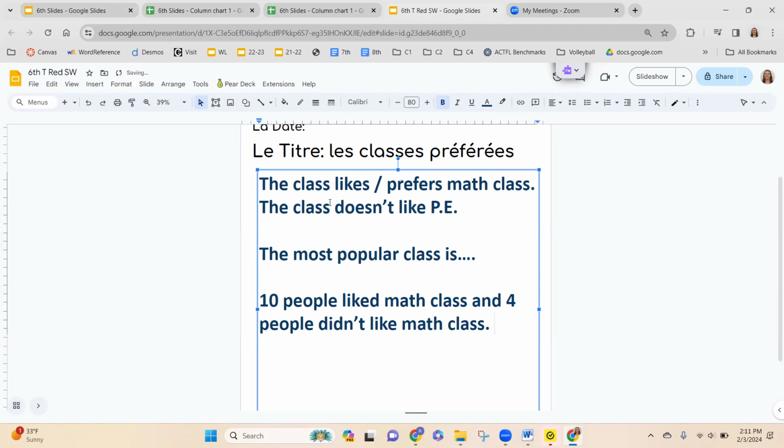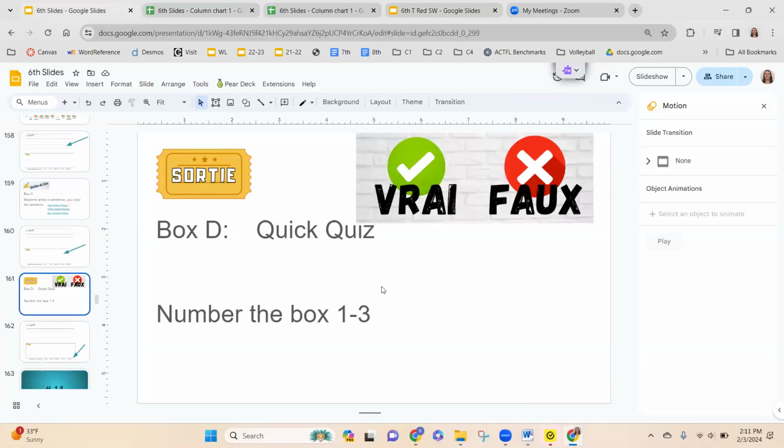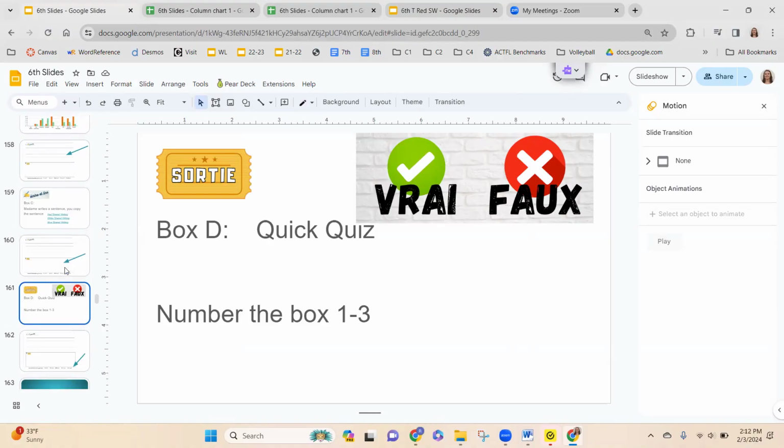Again, this is all based on what the language level of your students are, their proficiency level, and the language that you're targeting. So after this, we would read in French and then again in English. And we might have a little quick quiz, true or false, based on our discussion, depending on the amount of time.